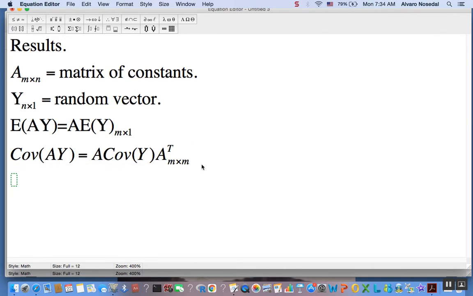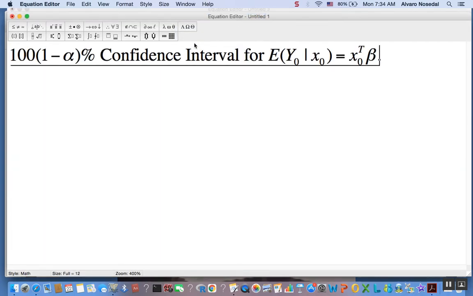So now that we have that result, let's talk about the main result that we want to discuss here. We want to derive this formula for a confidence interval.